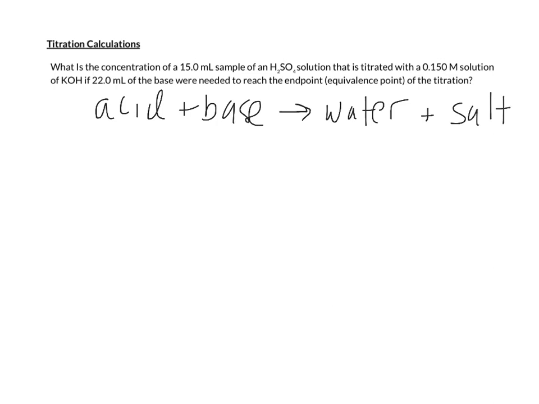When we read the problem in front of us: what is the concentration of a 15 mL sample of a sulfuric acid solution that is titrated with a 0.150 molar solution of potassium hydroxide if 22 milliliters of the base were needed to reach the end point of the titration?